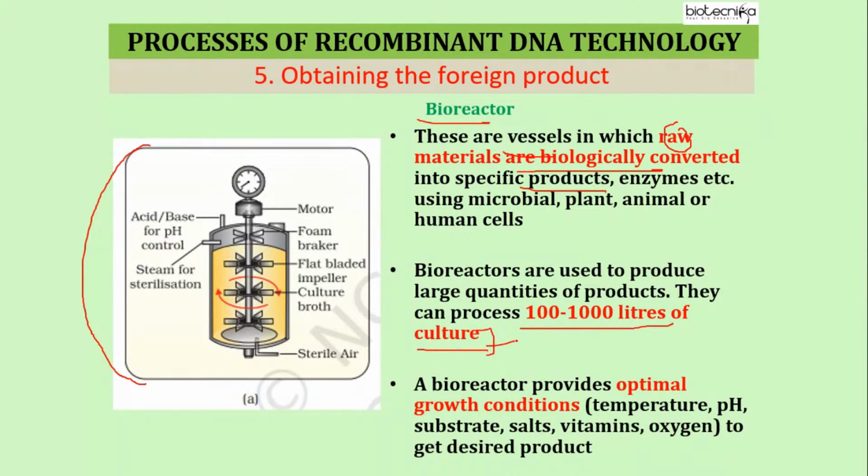What you have to do is this culturing. You have to put this much culture into the bioreactor, and you can just imagine that if you are using this much culture, you can get a larger amount of product. But make sure you maintain optimal growth conditions. You have to maintain temperature and pH, because it is very important for the cell.